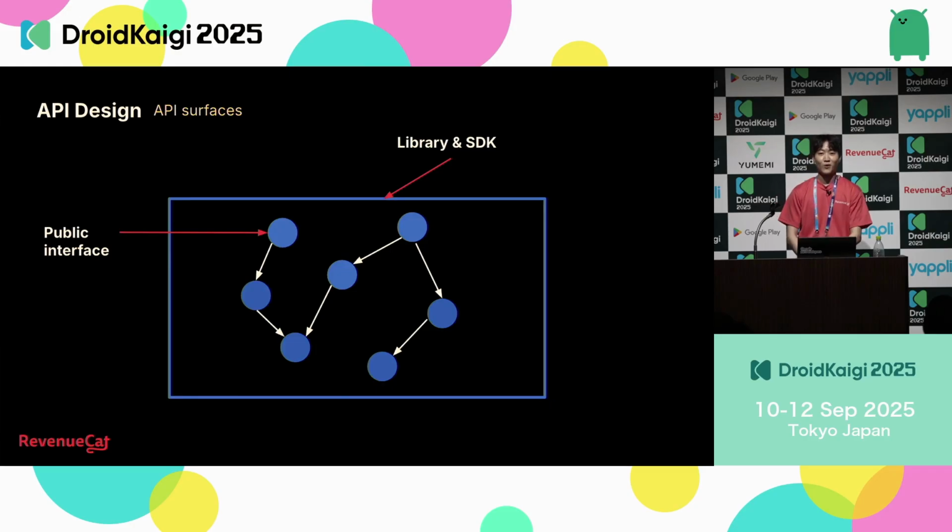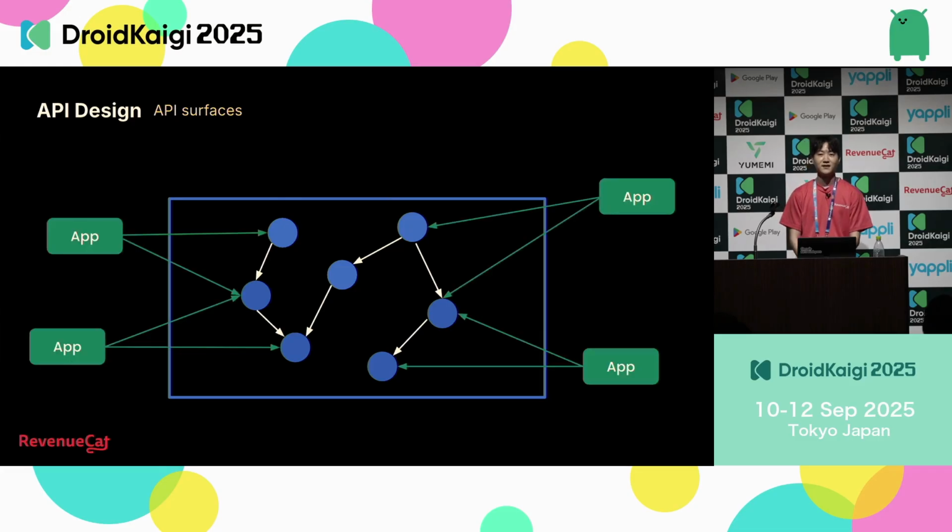So let's explore the API surfaces with a scenario. Imagine a library or SDK as a square, and there are public interfaces, which are illustrated as circles inside the box. Since these interfaces are public, any application that depends on this library can access those interfaces.